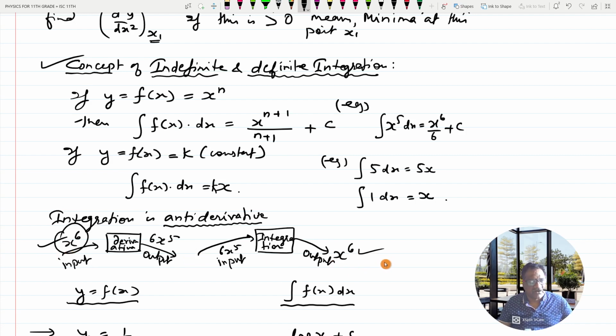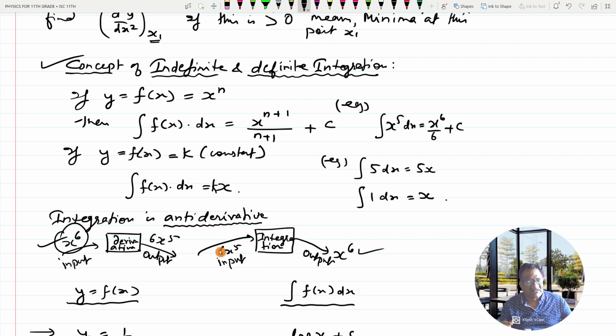In short, what I want to say is, if you have a function f of x and you find the derivative of that function, you will get some answer. That answer, if you integrate, you will come back to the same input, that is x raised to 6 in this case.